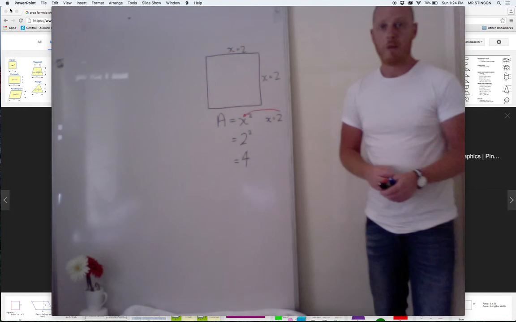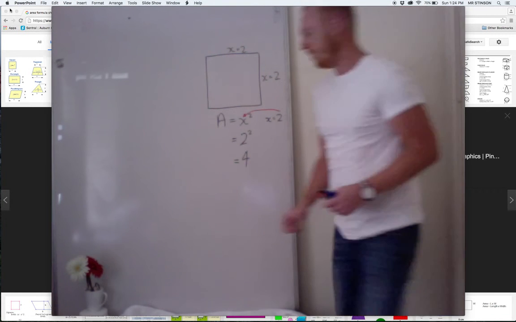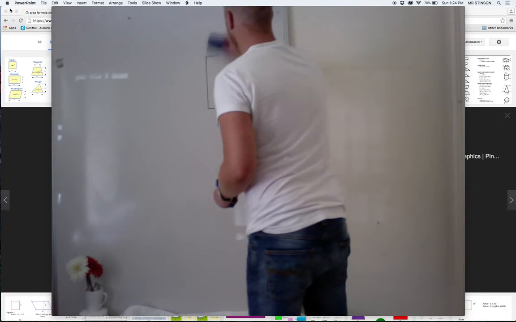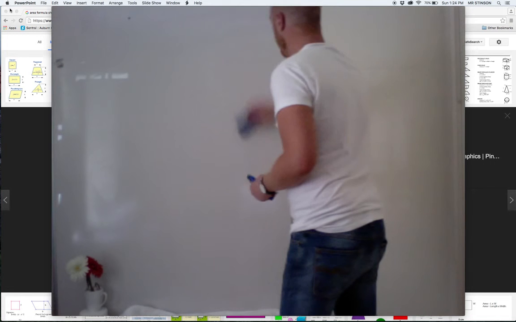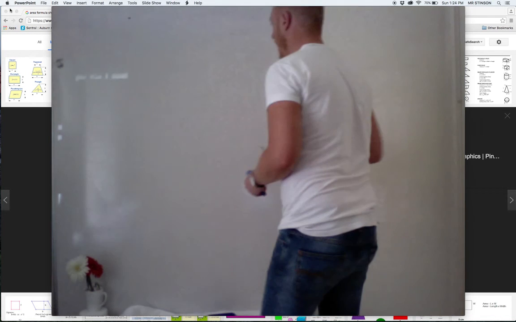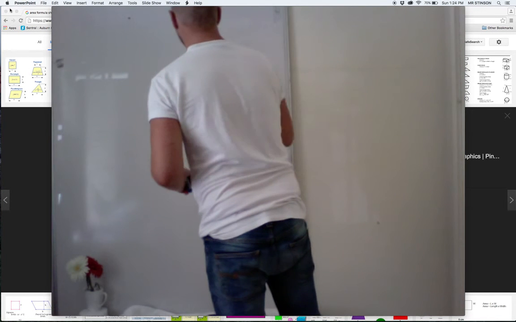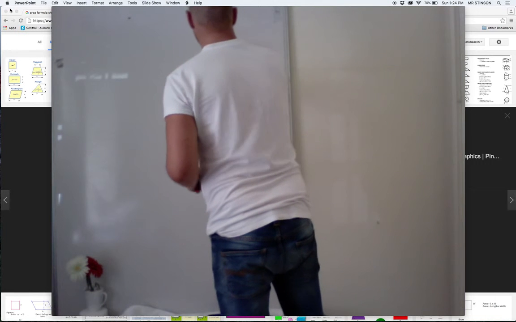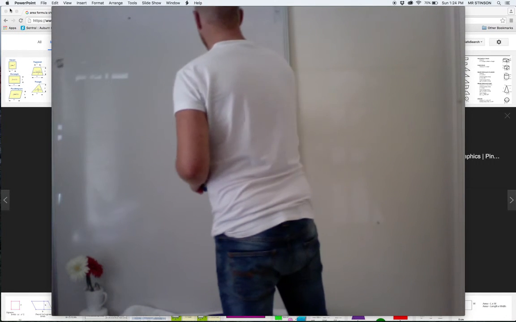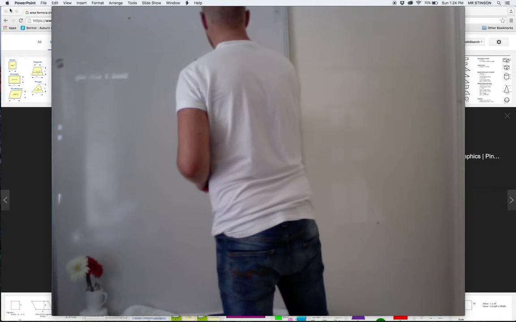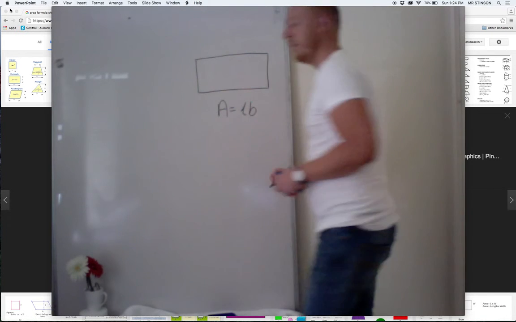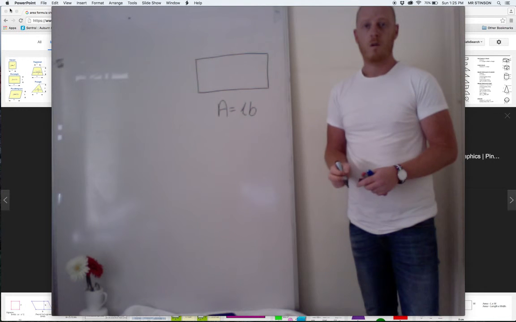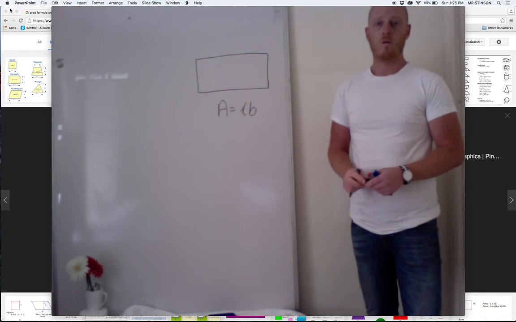Let's look at a different shape, because this is what today's lesson is about. Let's draw up a rectangle. As I said, if it's a different problem or a different shape, you need a different formula. Not only will you have a different formula, let's write it up here on the board nice and clear. Area equals length times breadth. You also have different values.